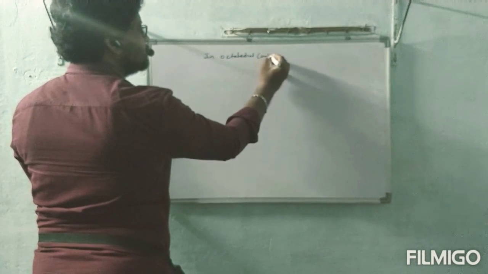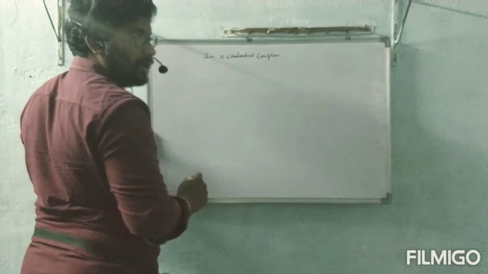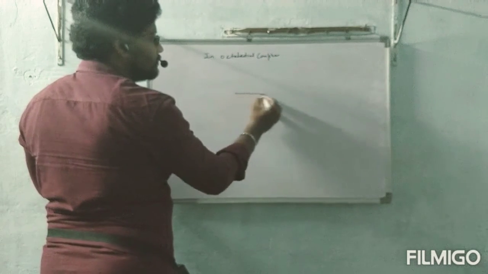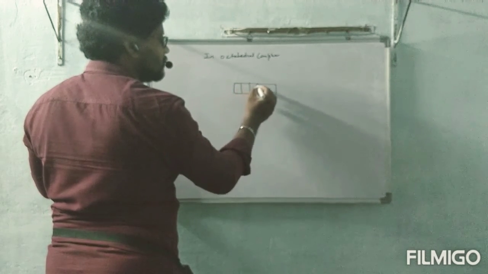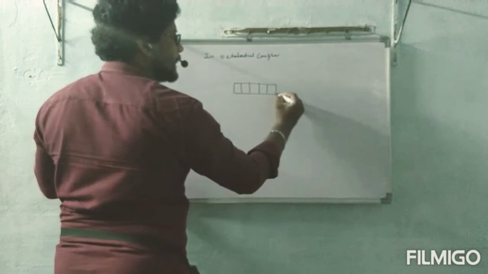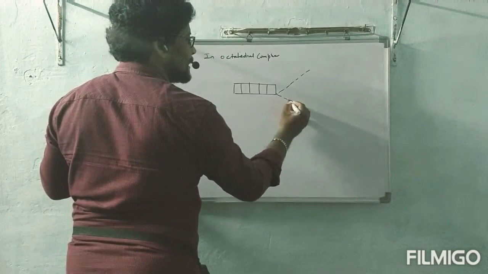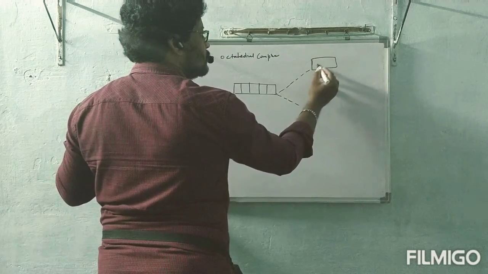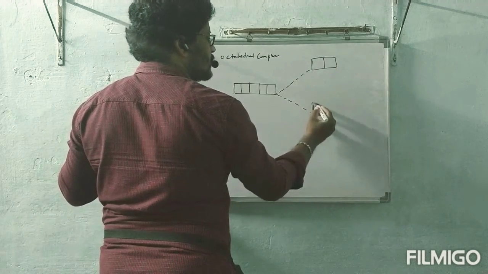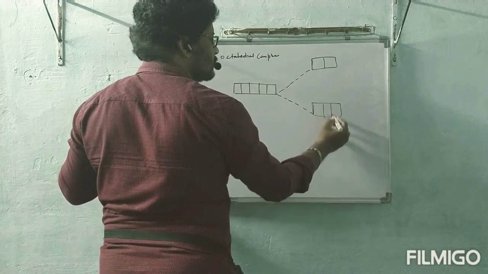In an octahedral complex, we wrote the splitting of d orbitals as 2 orbitals above and 3 orbitals below.